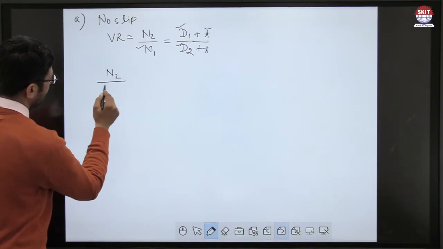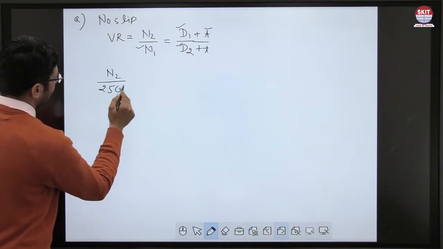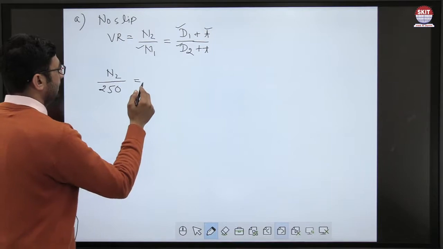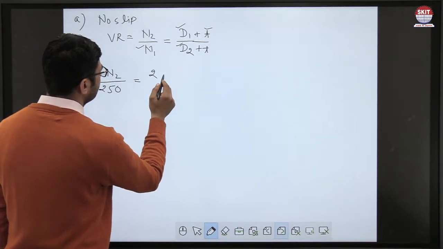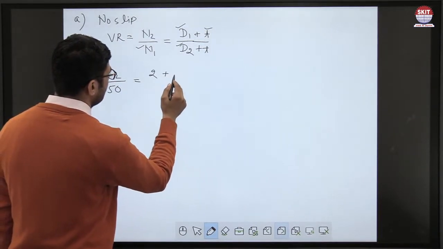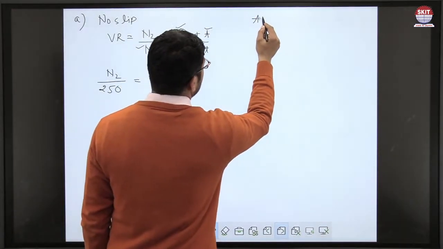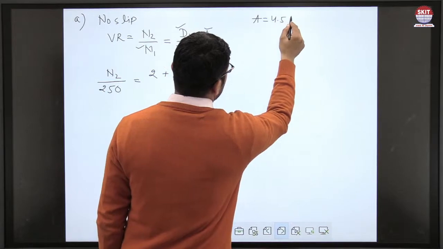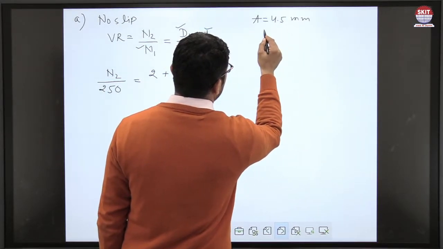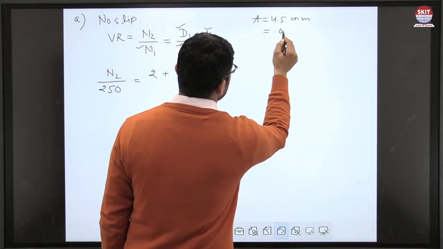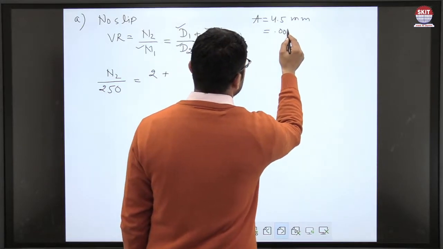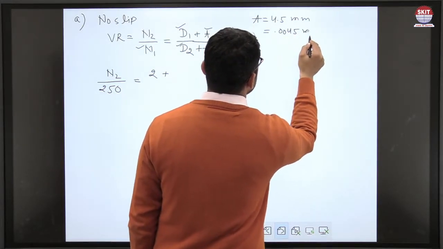N2 upon N1: N1 is 250, D1 is 2 meter plus t, which is given as 4.5 millimeter, equal to 0.0045 meter.